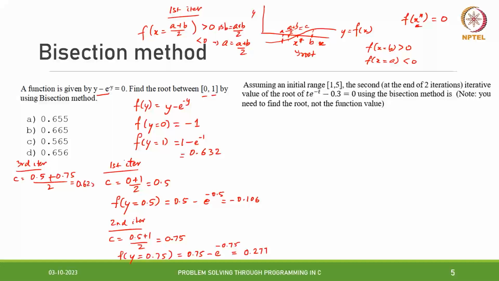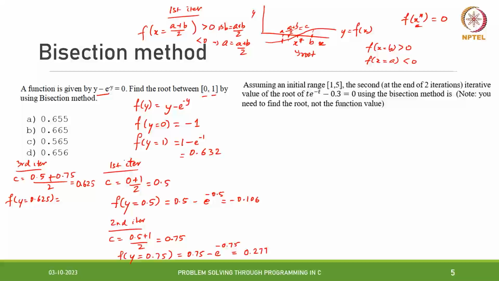So this should be 0.625, right? So now you calculate the value of f at 0.625 and you will get some value.